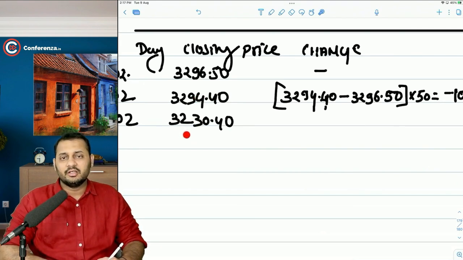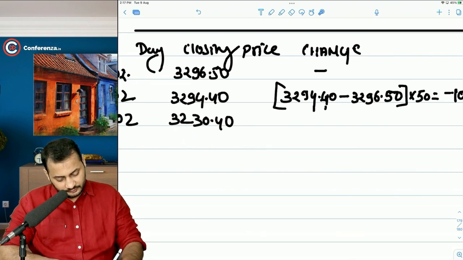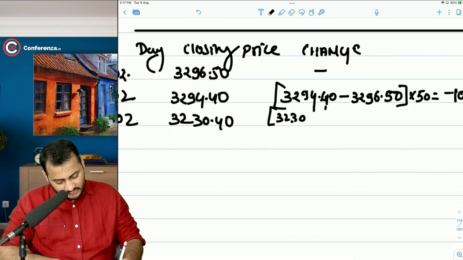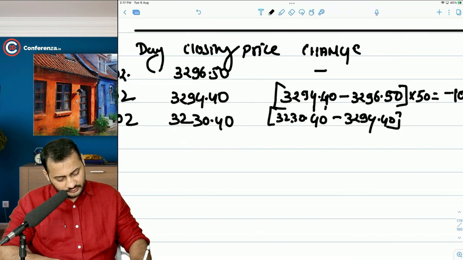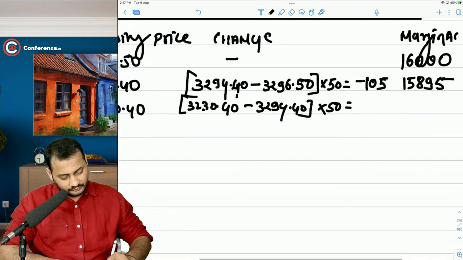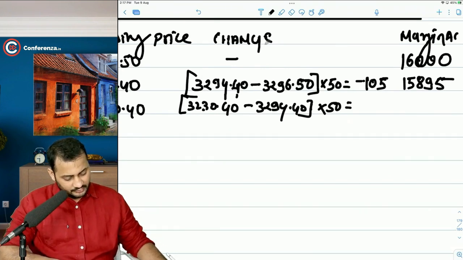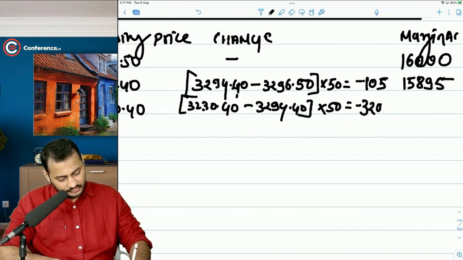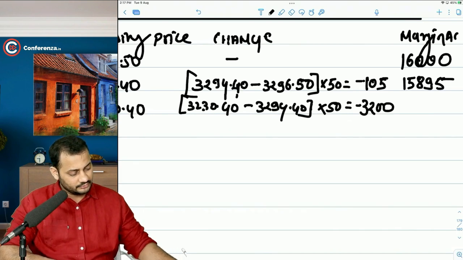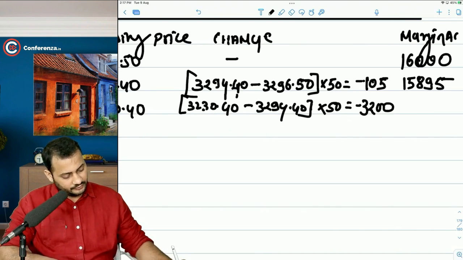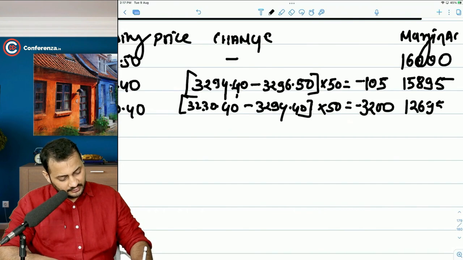The stock exchange will settle your contract at this rate: 3230.40 minus 3294.40, into 50. Why into 50? Because you have purchased one contract and that includes 50 futures. So now there is a loss of 3,200, which will again get adjusted in your margin account. So the balance will come down to 12,695.